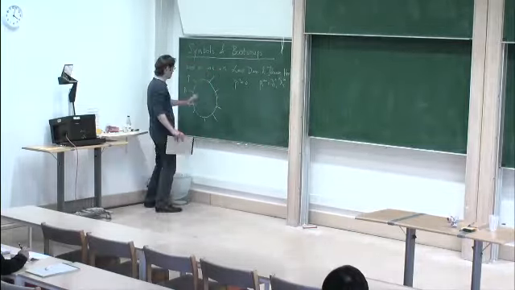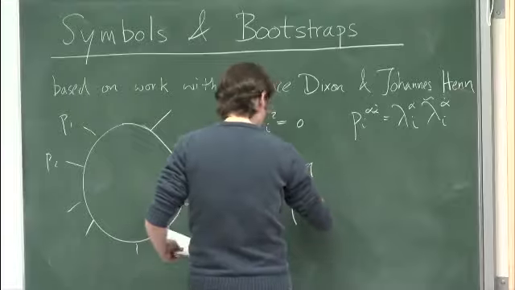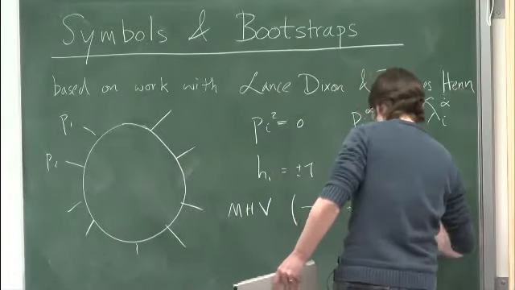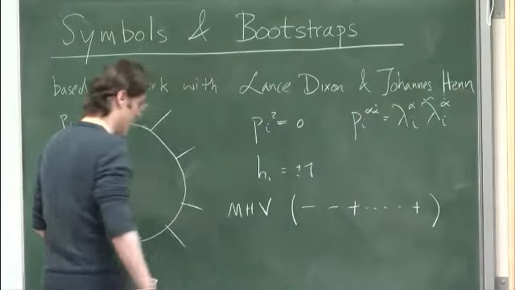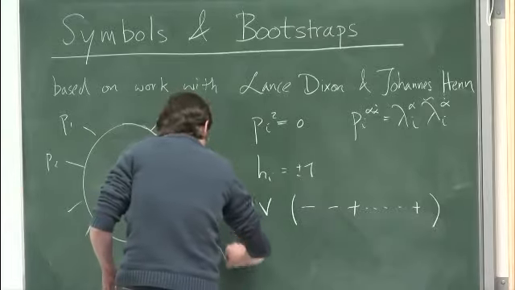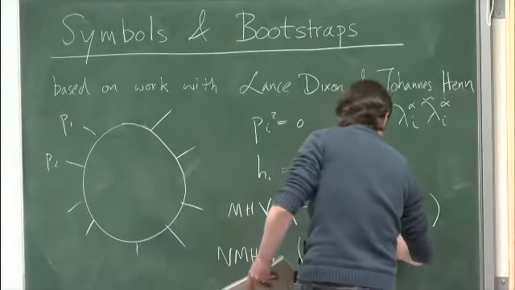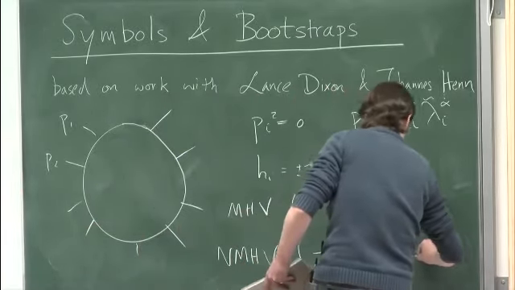And the MHV amplitudes are the amplitudes that have, let's say, two minuses and all the rest plus. These are the simplest. Any more pluses and the thing vanishes. And the next to MHV, well, these will be three minuses and all the rest plus. And then you can go to next to next to MHV and so on.